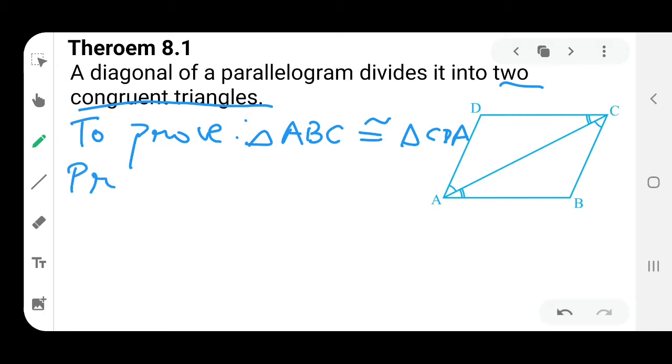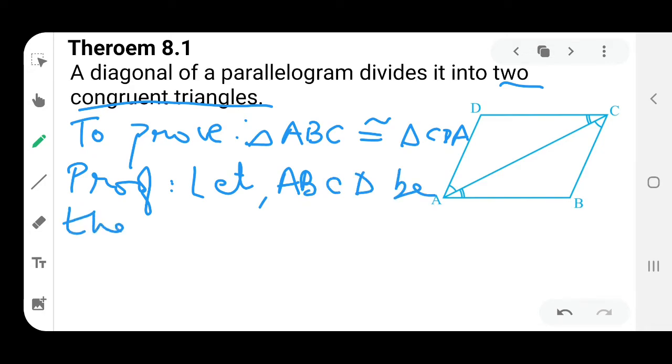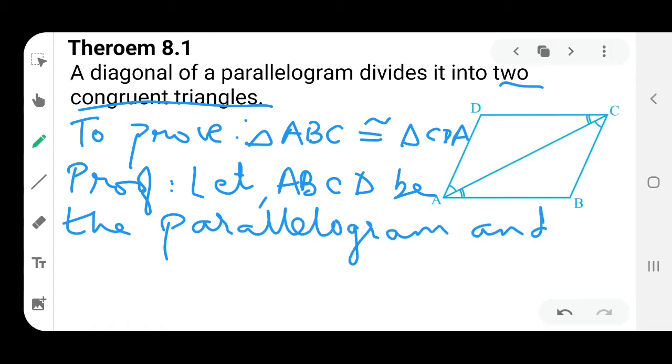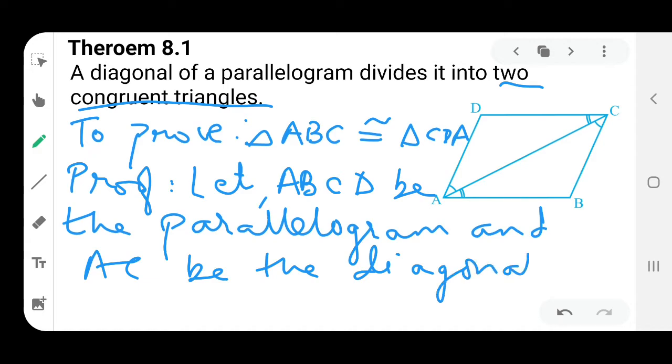So proof: let ABCD be the parallelogram and AC be the diagonal. What we wrote is that ABCD is a parallelogram and AC is the diagonal.